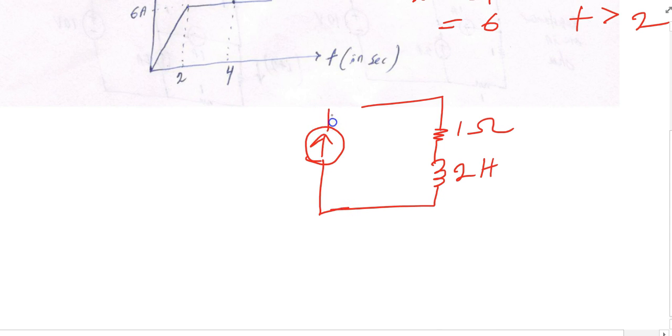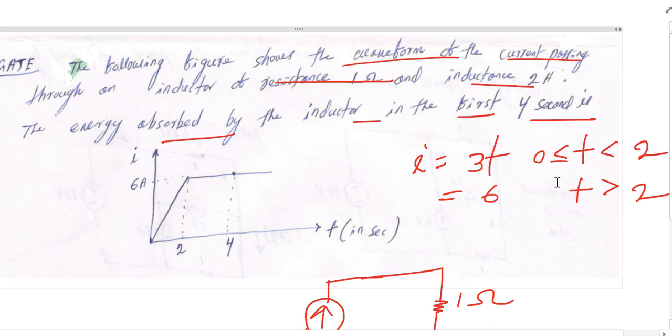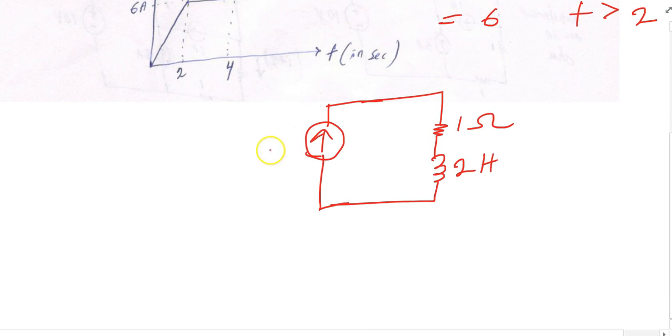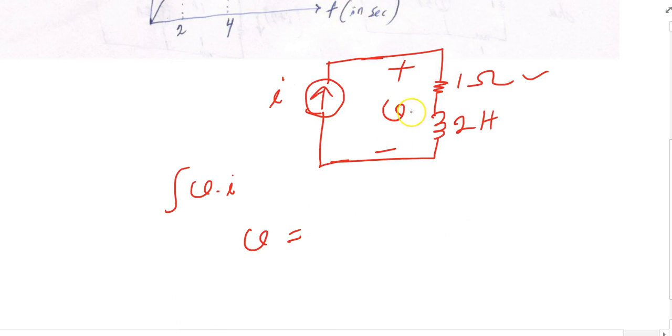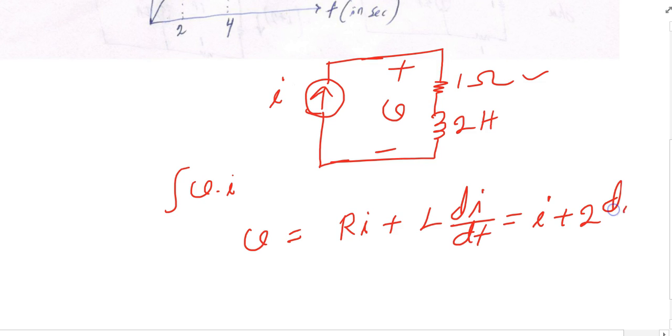It asked for the energy absorbed by the inductor in the first 4 seconds. For energy, you know, it should be V into I. We have I, but we don't have V. Let us calculate the V. V equal to R into I plus L di upon dt, which is I plus 2 di upon dt.